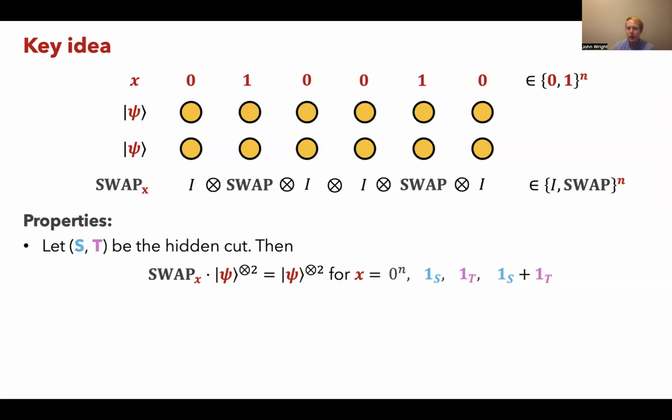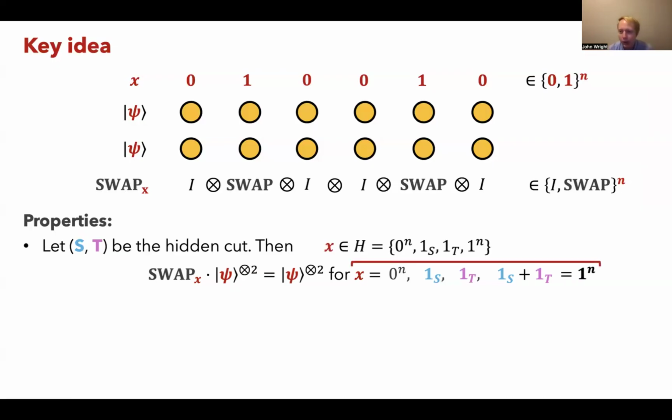Well, S and T together form all of the qubits, so 1 sub S plus 1 sub T is just the all-ones string. In that case, swap is just taking the two psi's and swapping them. So 1 sub S plus 1 sub T is 1 to the n.